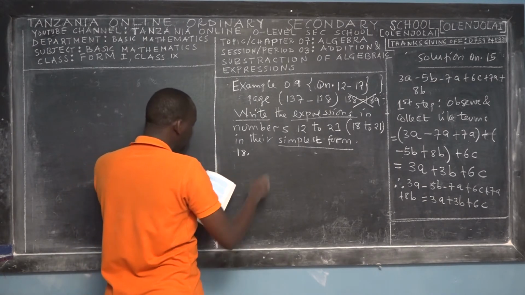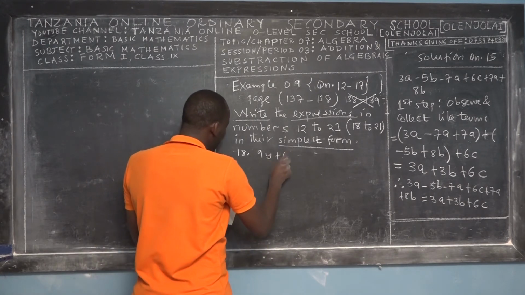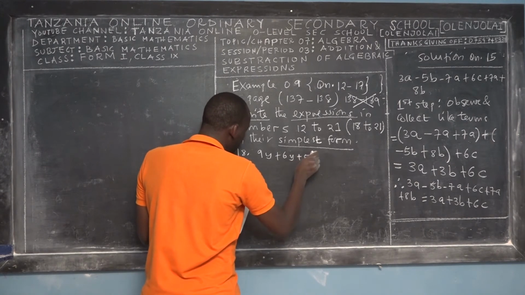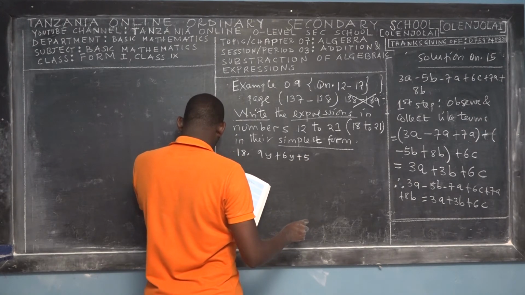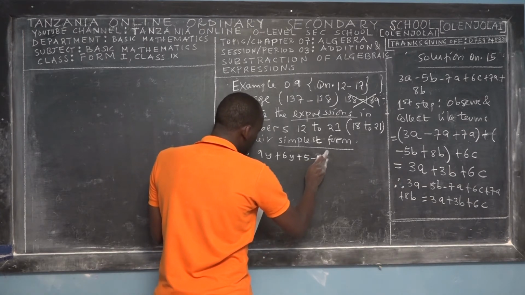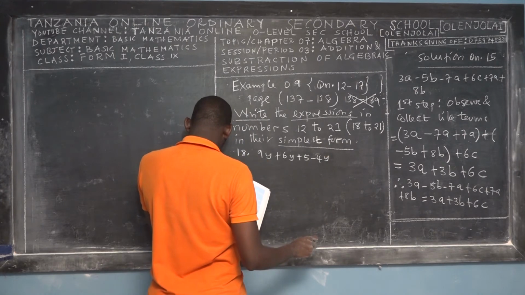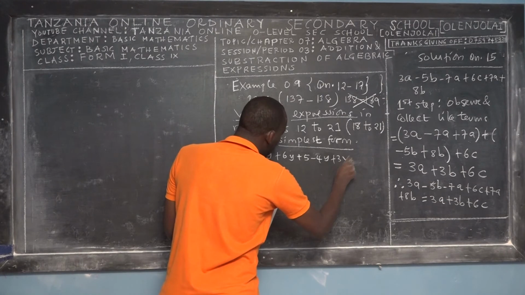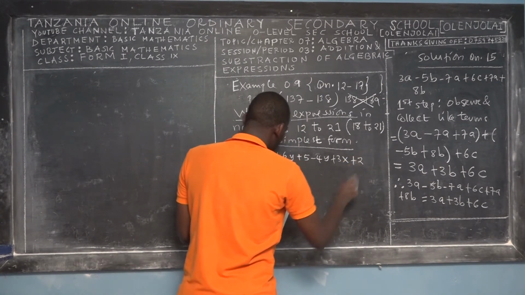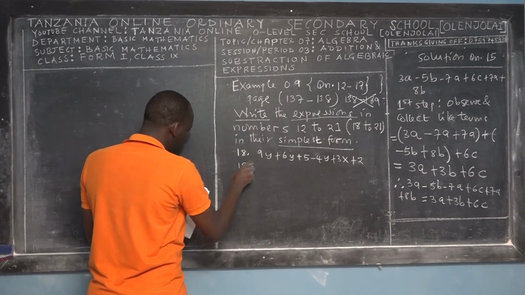It is 9y plus 6y, right, and then plus 5 minus 4y, then plus 3x, then plus 2, right? So then 19.